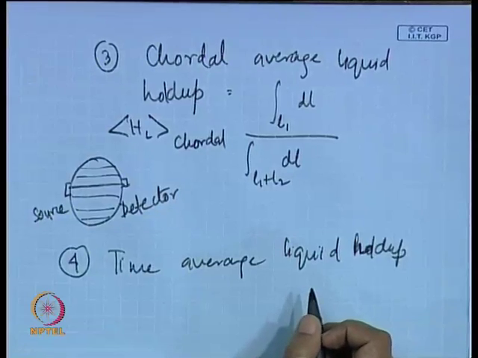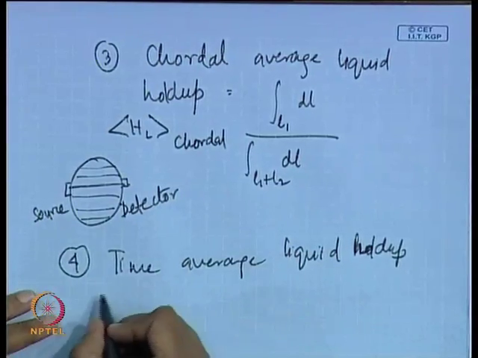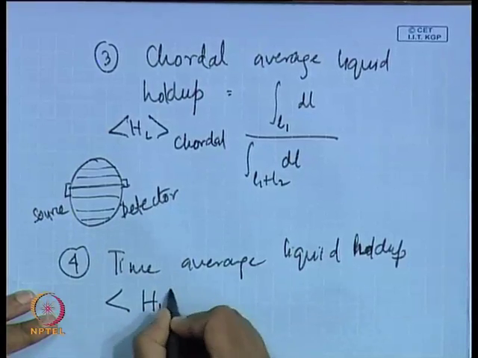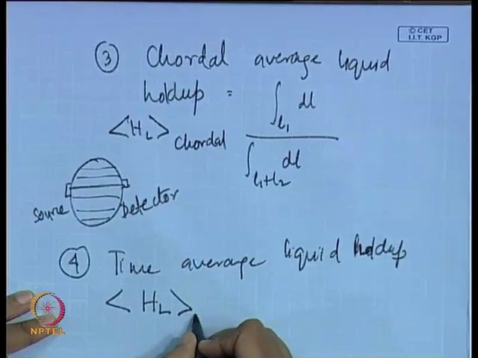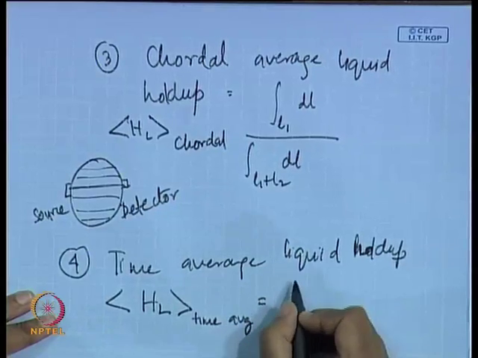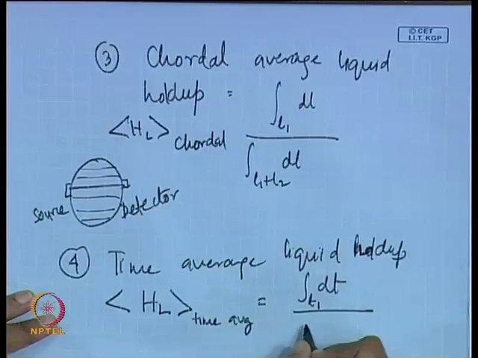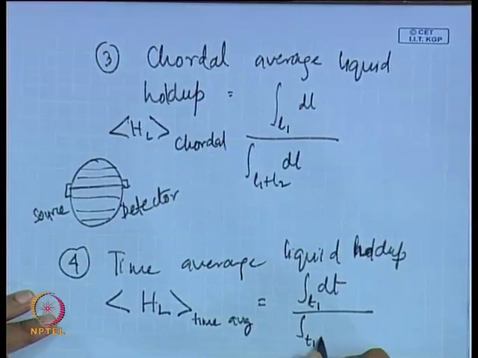This particular quantity is usually defined as integral dt over T1 by integral T1 plus T2 dt.